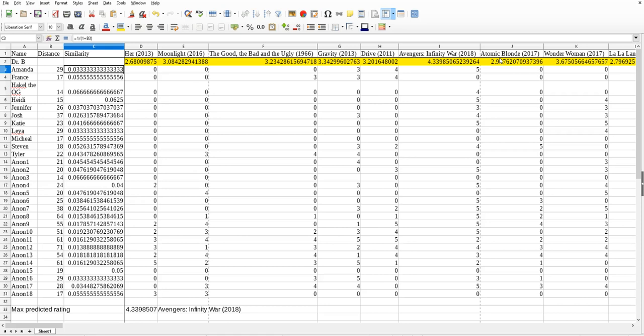They have millions of movies or products and millions of users, so they can't compute it one by one in a spreadsheet. They have some more complicated programming behind it, but the same idea holds. They look at what users are similar to you, what do they also like, and they try to recommend the things that users most similar to you enjoy.